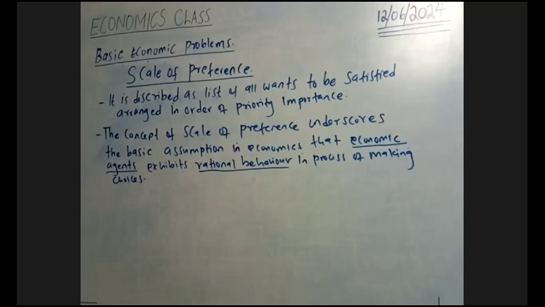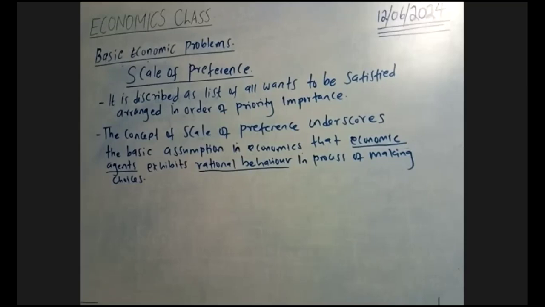And then the last economic agent that we know is the government. The government collects revenue in order to satisfy the need of the people in terms of giving jobs and maybe providing essential services. So we have only 3 economic agents: individual, firm, and government.